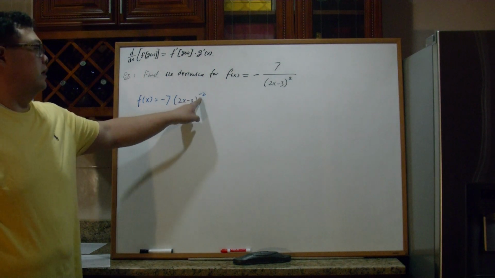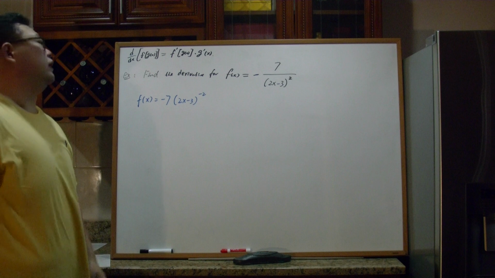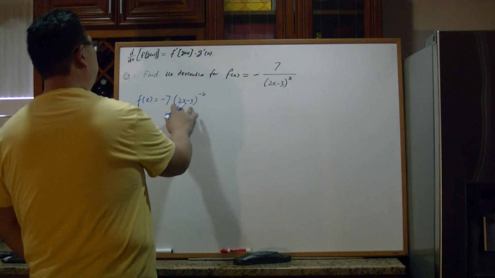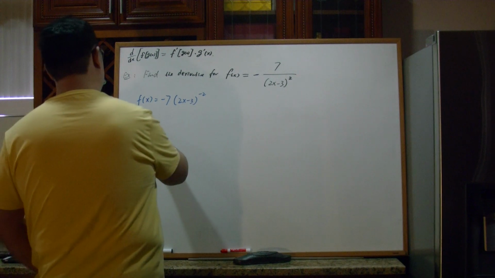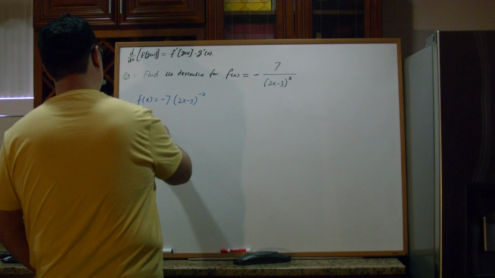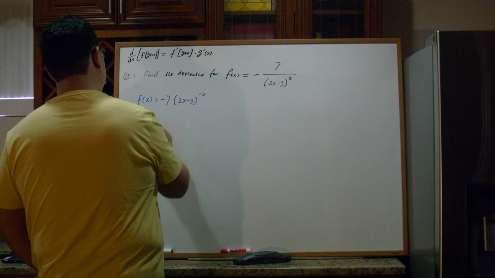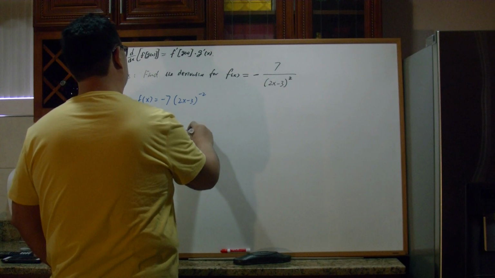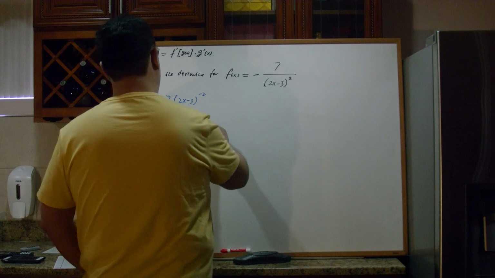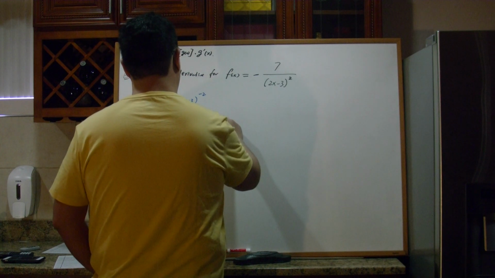If I just flip the power up, then we get a scalar multiplied by the expression, and this expression is a power. We have the inner piece not x, but the outer piece is negative 2. So the derivative of it is negative 7 times negative 2 times 2x minus 3 to the negative 3.